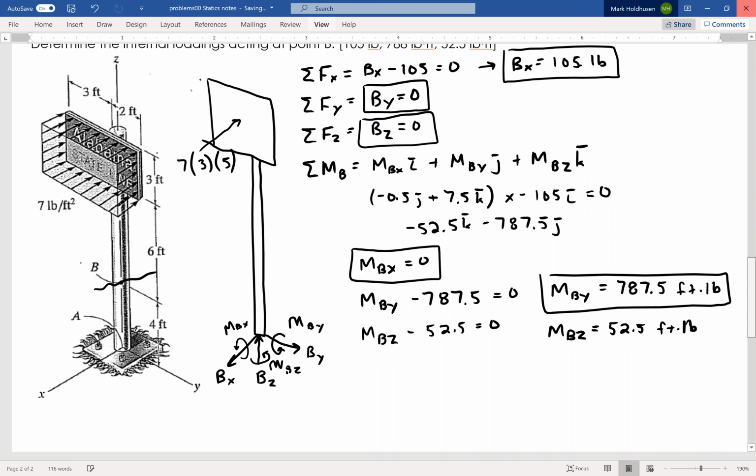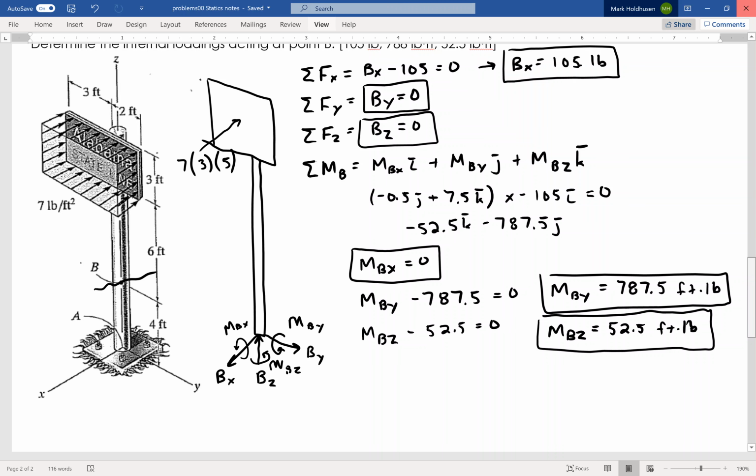And this is basically the torque being created, the twisting about the pole created at B. Okay, so again, just like in 2 dimensions, cut it where you want to find what the internal loads are, and then apply your equilibrium equations. The difference is now you've got 2 shears, 2 bending moments, a torque and a normal force.